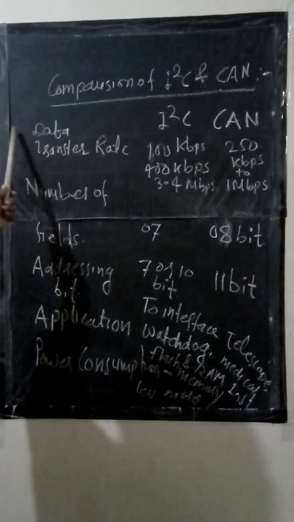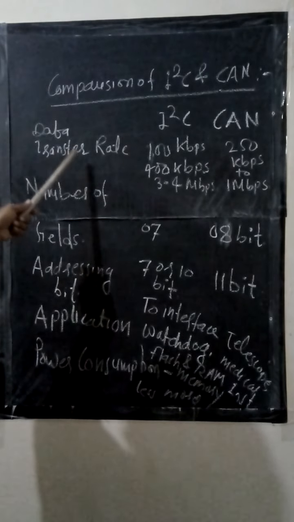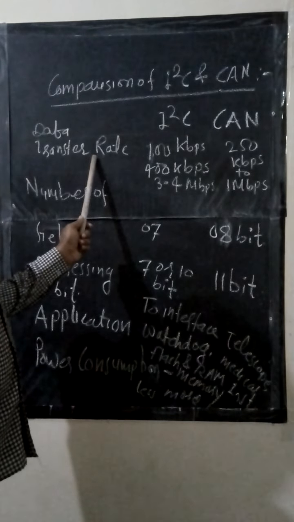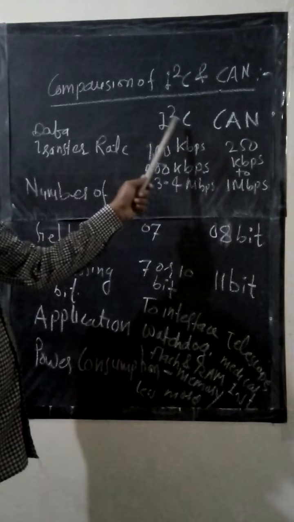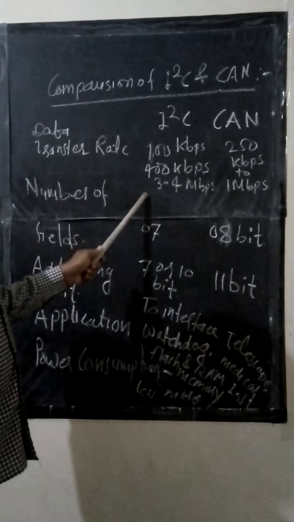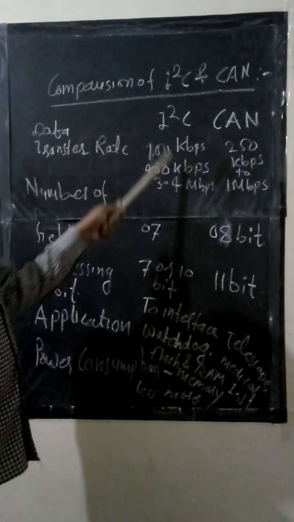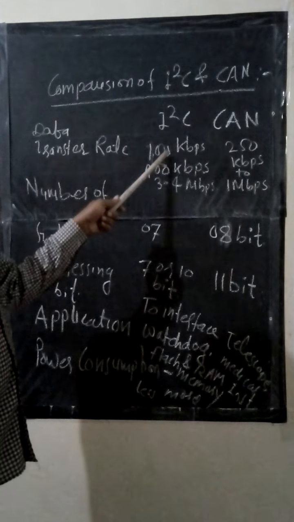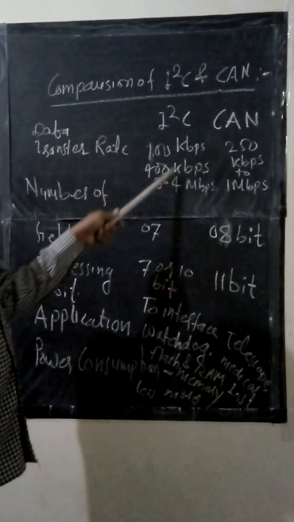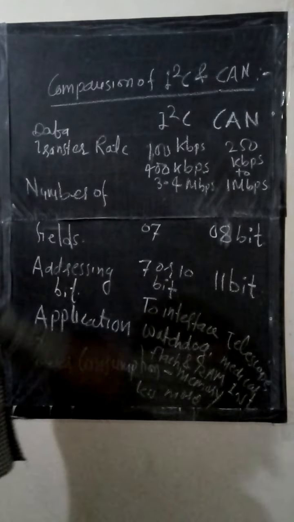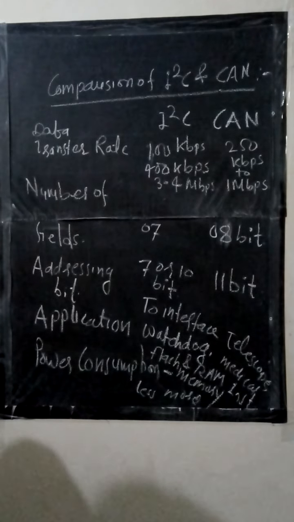So the first point is data transfer rate. If we are comparing CAN and I2C on the basis of data transfer rate, I2C, that is inter-integrated circuit, consists of 3 speeds: 100 kilobits per second, 400 kilobits per second, and 3.4 Mbps.